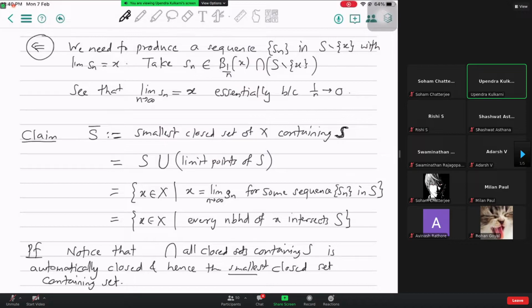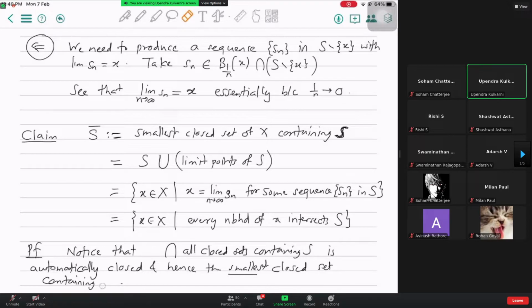So therefore, it is also a closed set containing S. So the intersection of all of these sets is also a member of that intersection. Right? So it is the smallest closed set containing the set S.